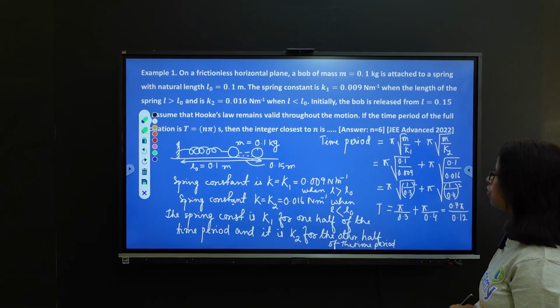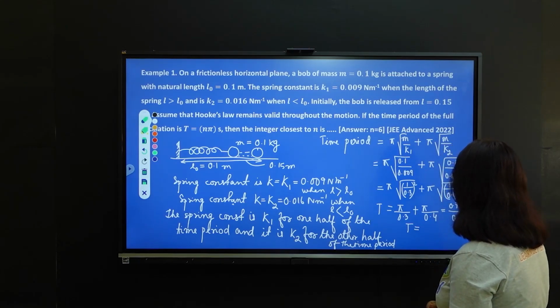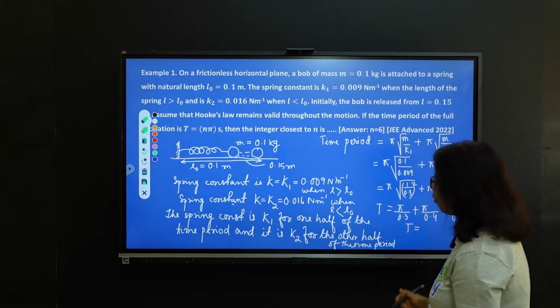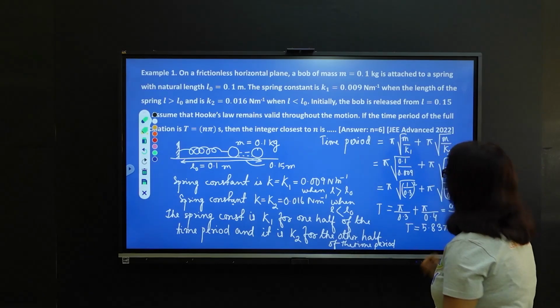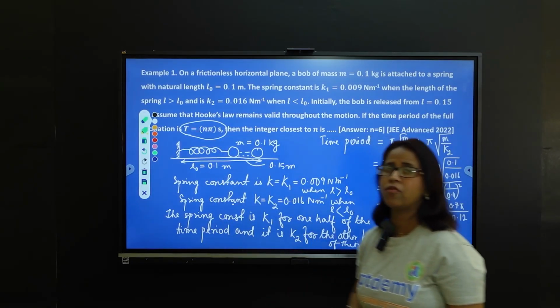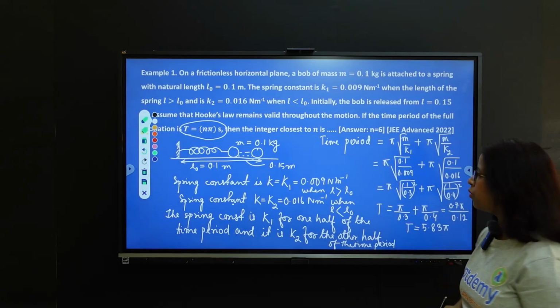Now if we put the values, we get time t as equal to, if we calculate this, around 5.83 times pi. If you consider the original relation, we have got the time in SI units, as all other quantities were in SI units.